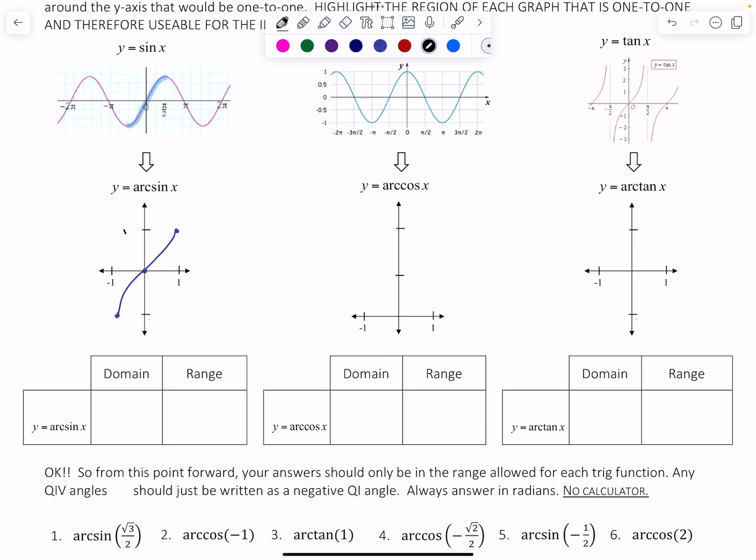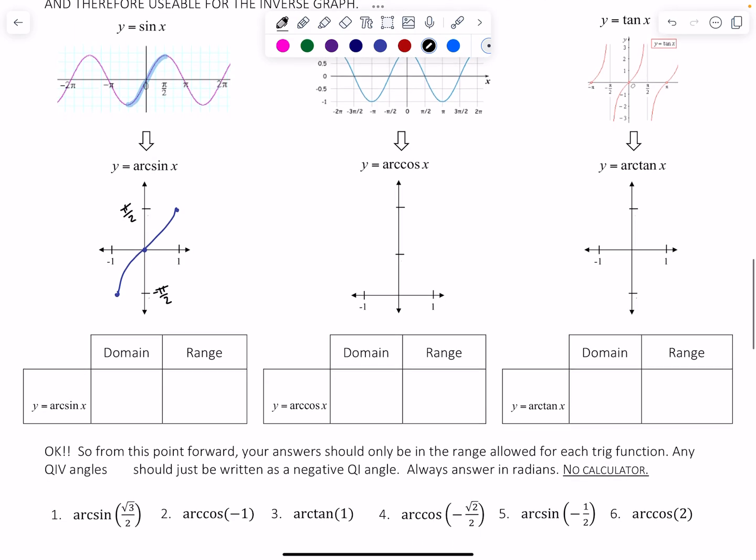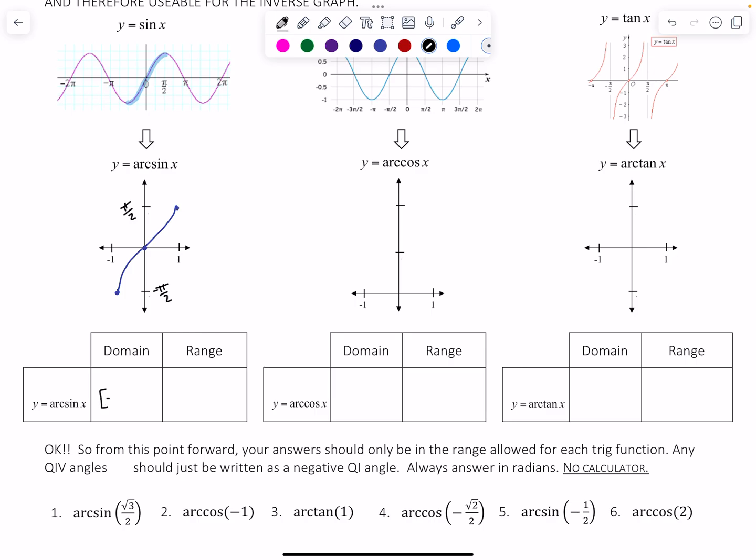And we're only going up to pi over 2, and we're going down to negative pi over 2. So what this means is that it has a domain from negative 1 to 1, because that's the range of our original function. But now our range, because we're only working in this portion from negative pi over 2 to pi over 2, is going to be from negative pi over 2 to pi over 2.